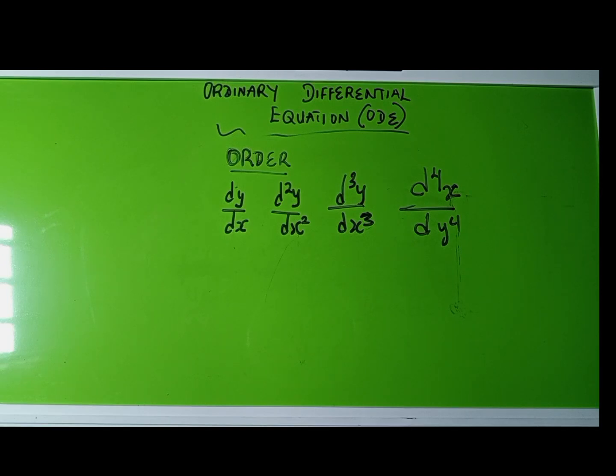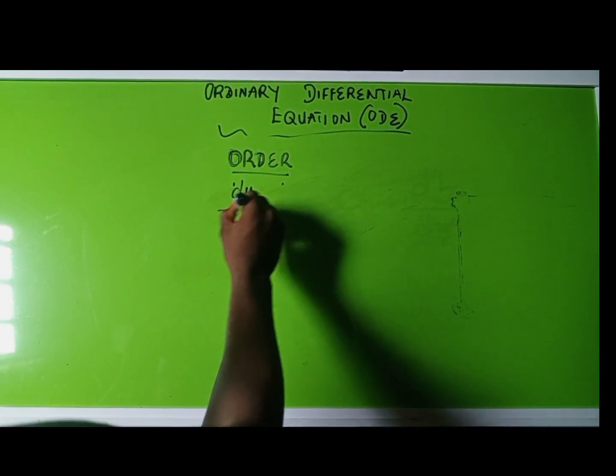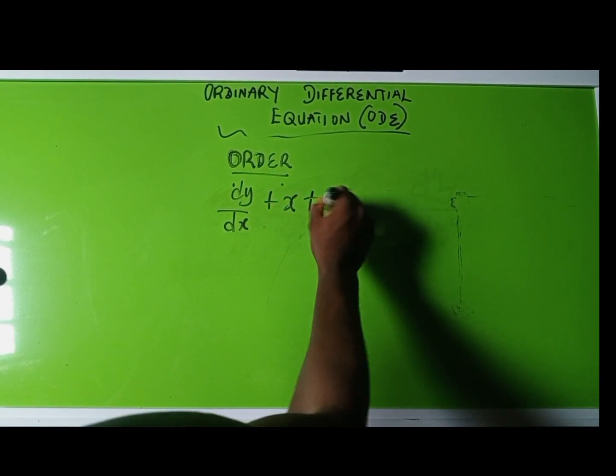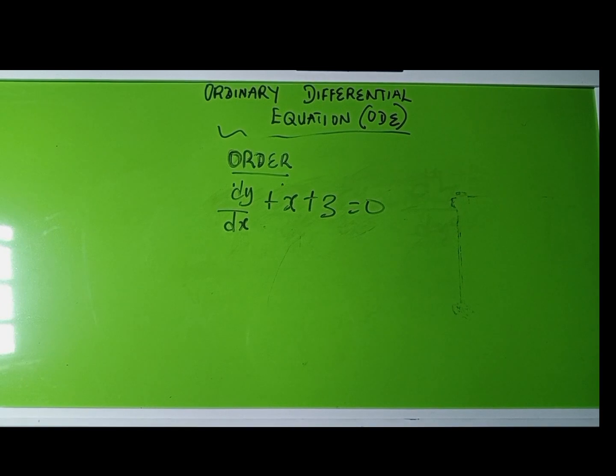Now, if you are given an equation and you are asked to pick out the order, you look at the equation and you look at the derivatives. What is the highest derivative you can see in your equation? Let's take an example: dy over dx plus x plus 3 equals 0. We are asked to classify the equation by order.